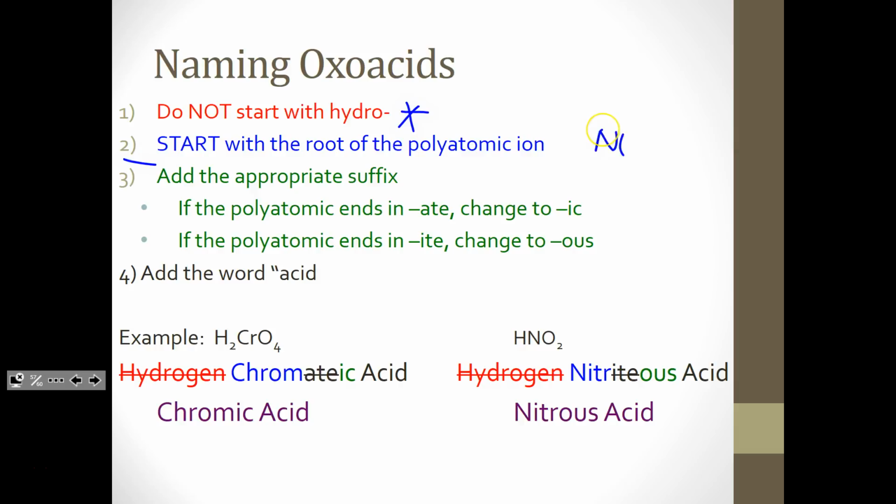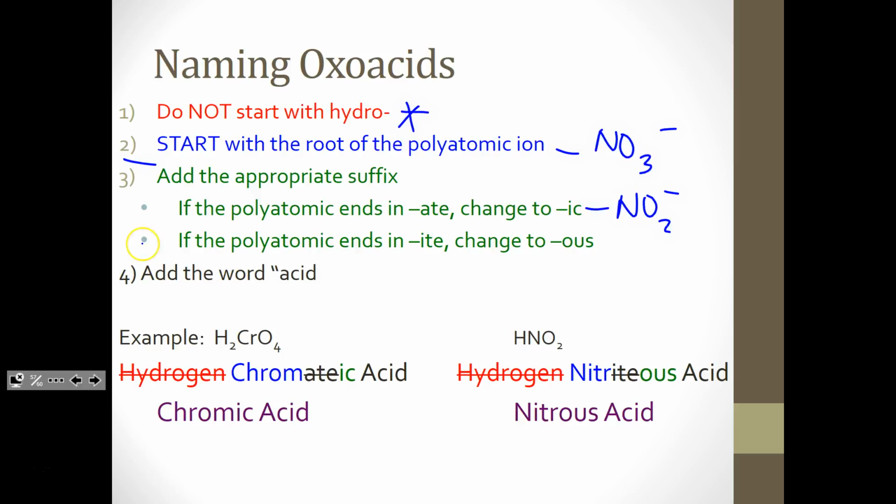So nitrate is NO3 and nitrite is NO2, and both have a -1 charge. If you were to take the root of both of these polyatomic ions and just add ic, you would have nitric for both of them, but chemically speaking, they're not the same thing. So there has to be a way to distinguish when you're looking at polyatomic ions that sound very similar, like nitrate and nitrite, or sulfate and sulfite.